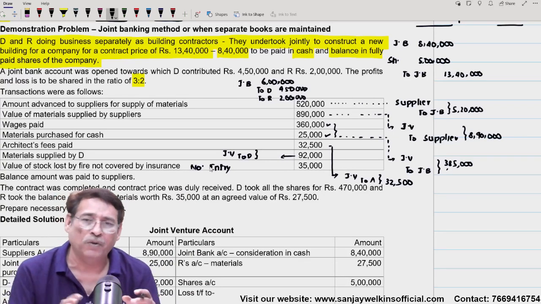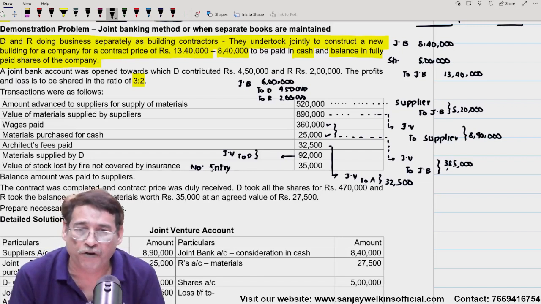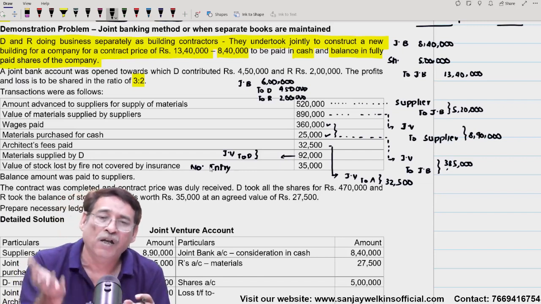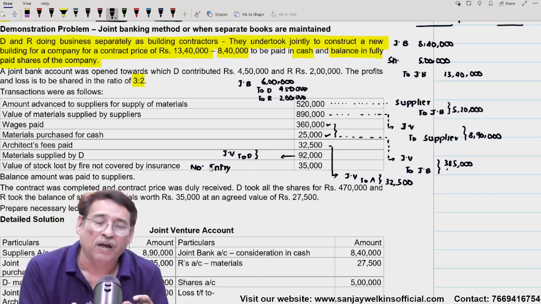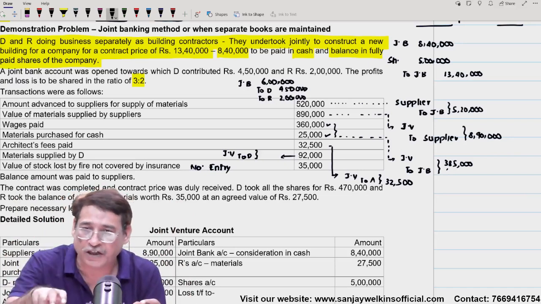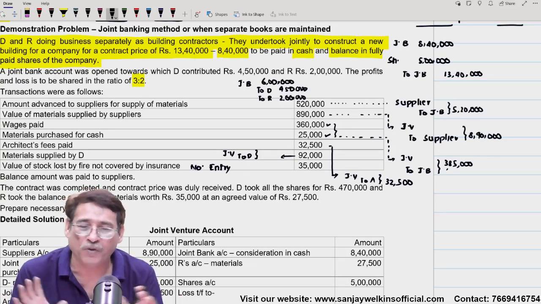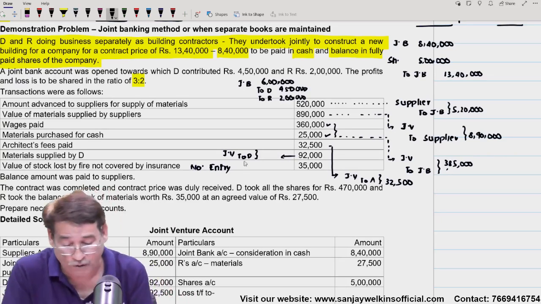So we want to know that if abnormal loss would not have taken place, how much profit our firm would have earned. So that is why under normal accountancy, we consider abnormal loss. But in joint venture, we are not concerned with the future. What we are concerned with is the present moment. So this material has been lost, and we are not going to keep track of that. Is it clear to you? No entry will be passed.